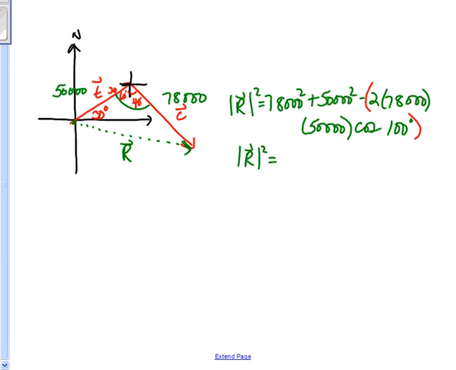Type it in. 78,000 squared plus 50,000 squared, I believe in my brackets.